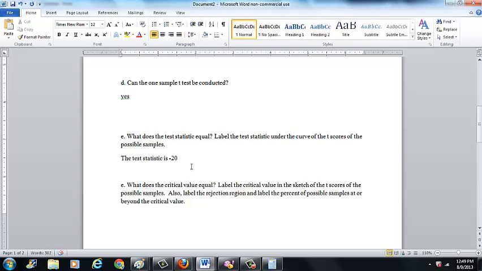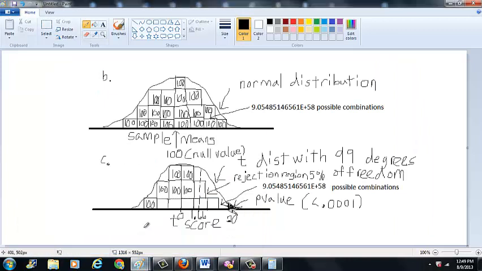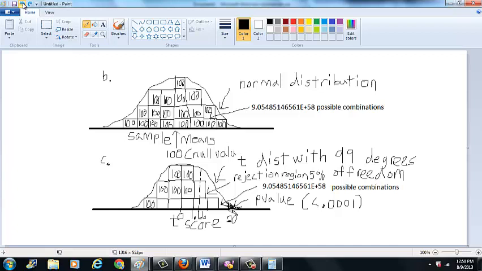It says label the test statistic under the curve of the t-scores of the possible samples. This time we're not going to be labeling it at the right end because it's a negative number.